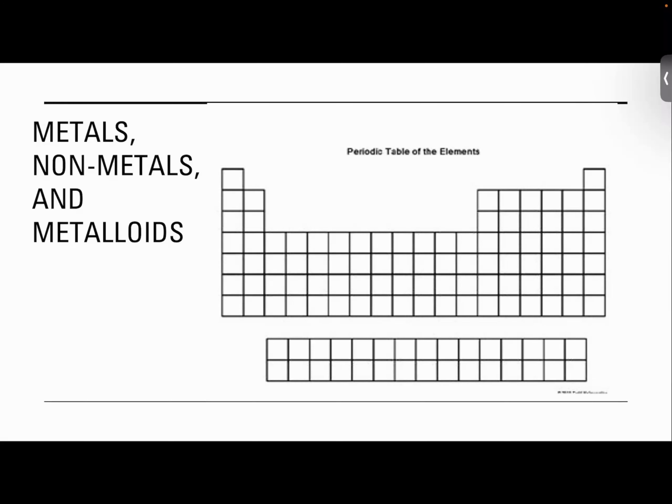Now, why is it important to know this division of metals and nonmetals? Multiple reasons. Number one, we can predict properties. Your metals tend to have high melting points. They have high boiling points.